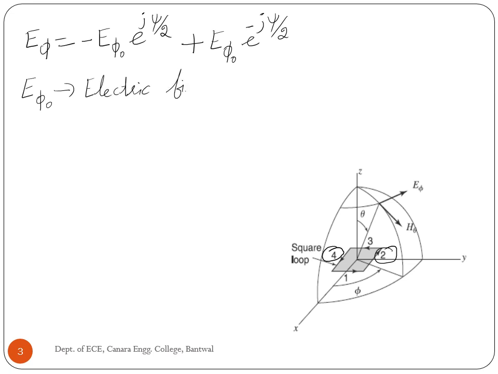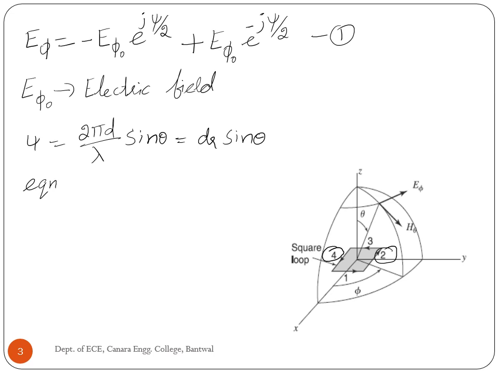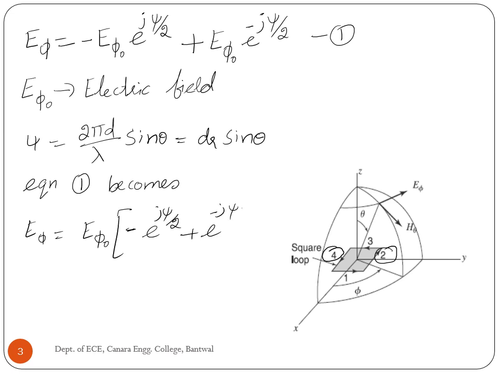where E phi naught is the electric field from the individual dipole, where xi is equal to 2 pi d by lambda into sin theta, which is equal to beta d sin theta. Equation 1 becomes E phi is equal to E phi naught, keep outside, minus e to the power j xi by 2 plus e to the power minus j xi by 2.